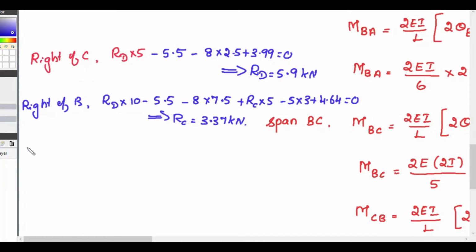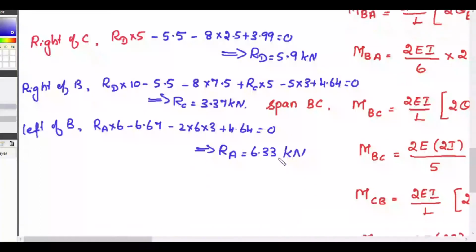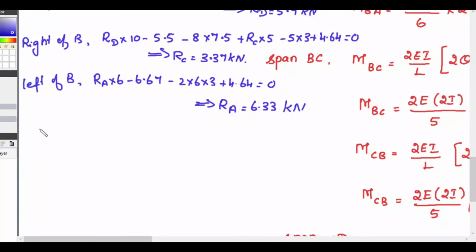Okay. So I will consider the left of B. So what I get is RA into 6 minus 6.67 minus 2 into 6 into 3 plus 4.64 is equal to 0, from which I get RA is equal to 6.33 kilonewton. Now we know upward reactions is equal to downward loads.